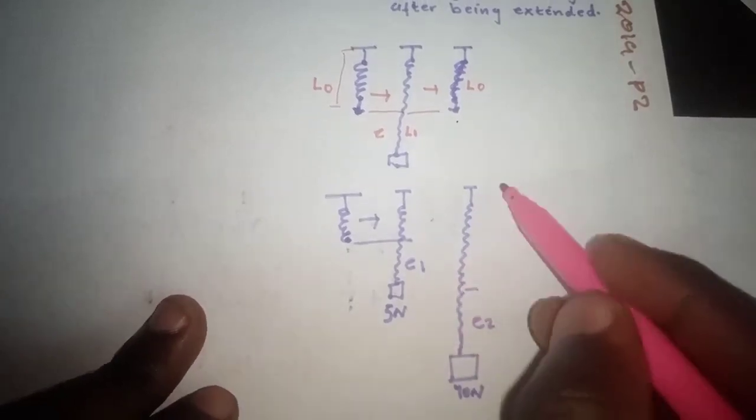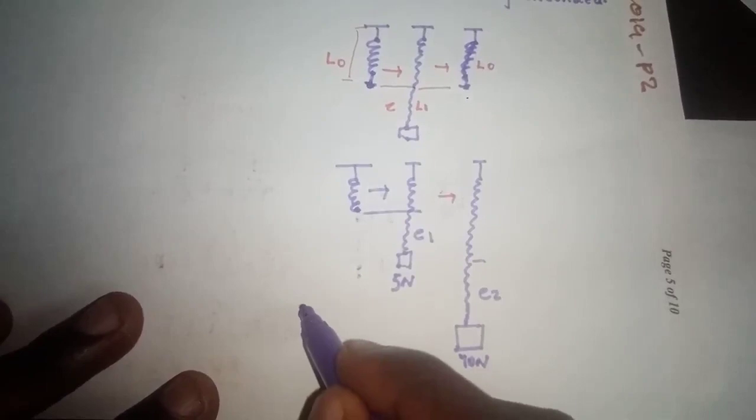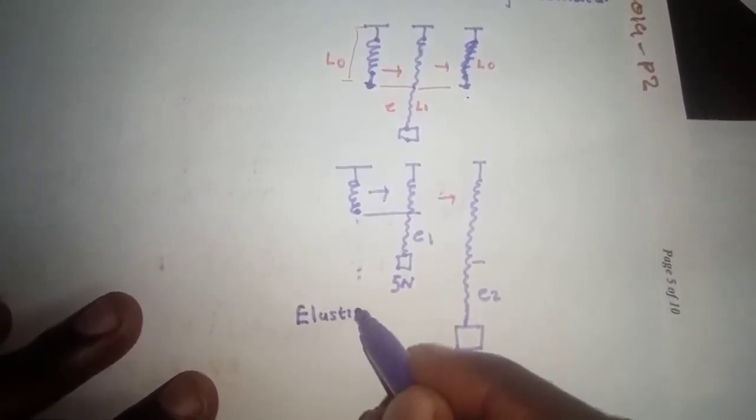So now you find that at the end of the day this spring will go beyond the limit, the elastic limit, okay. So the spring goes beyond what we call the elastic limit. It's beyond the elastic limit, okay.